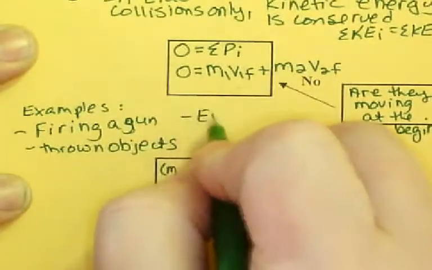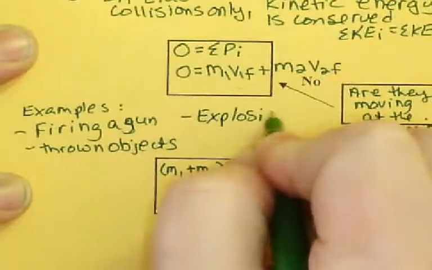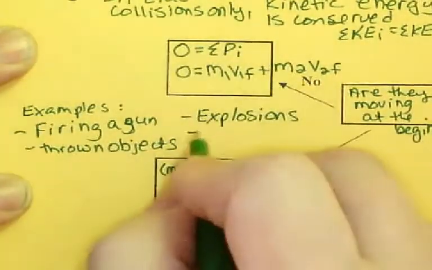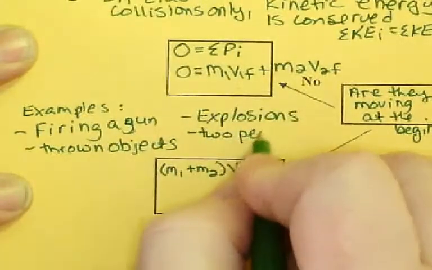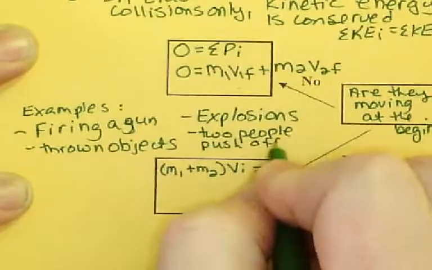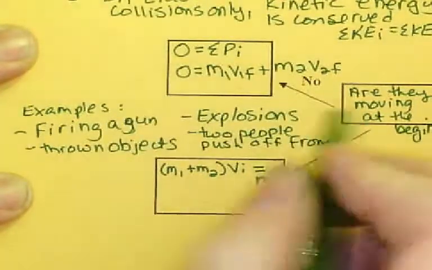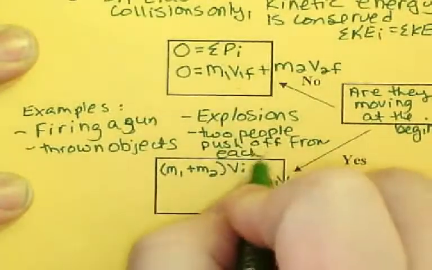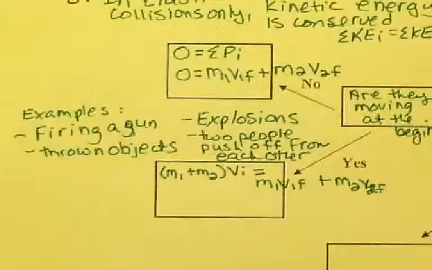So these all fall under the explosions category. You could also have two people push off from each other. If you each were on skateboards or rollerblades or something, and you were standing there at rest and you pushed each other, you would go backwards.